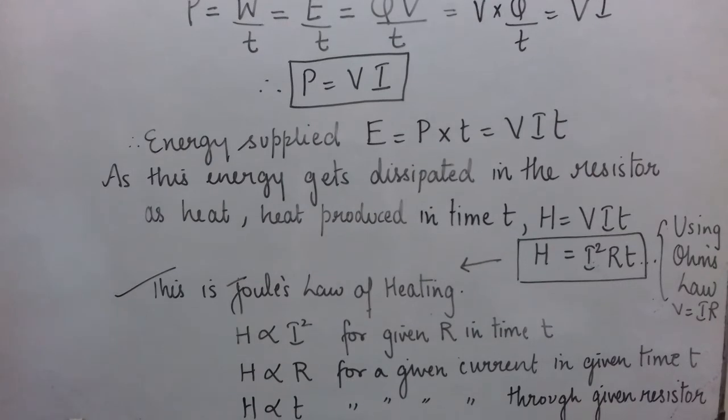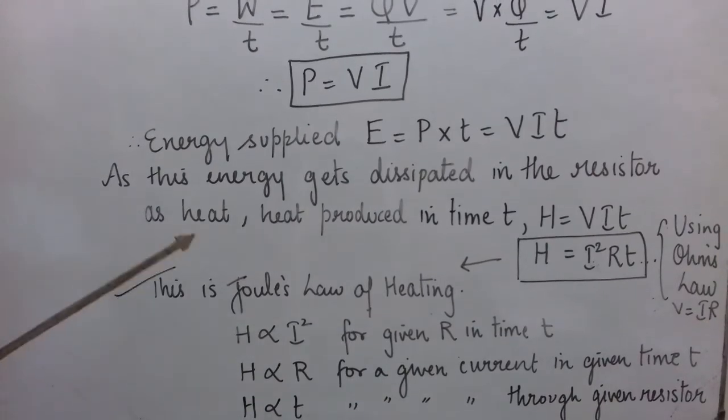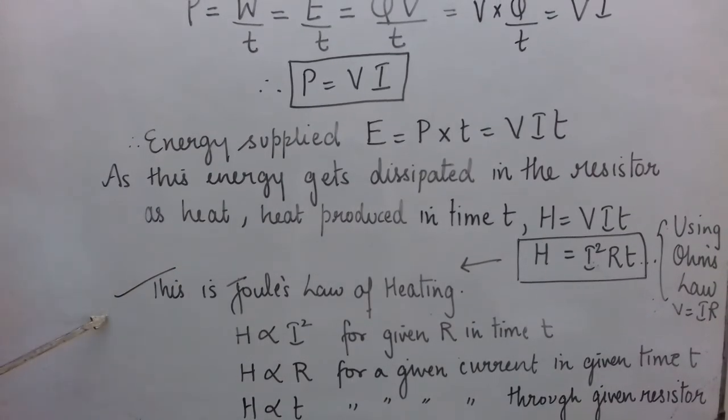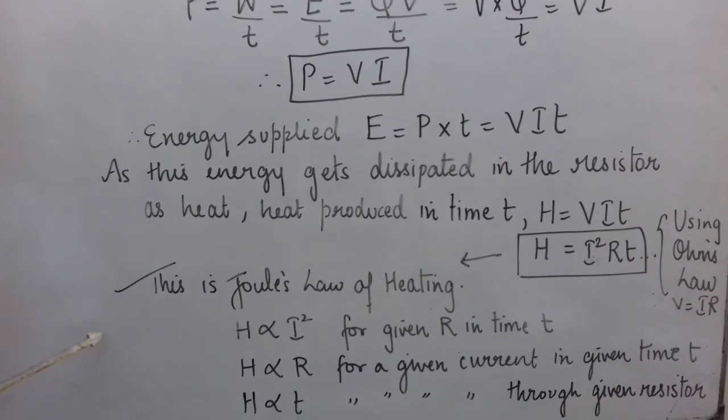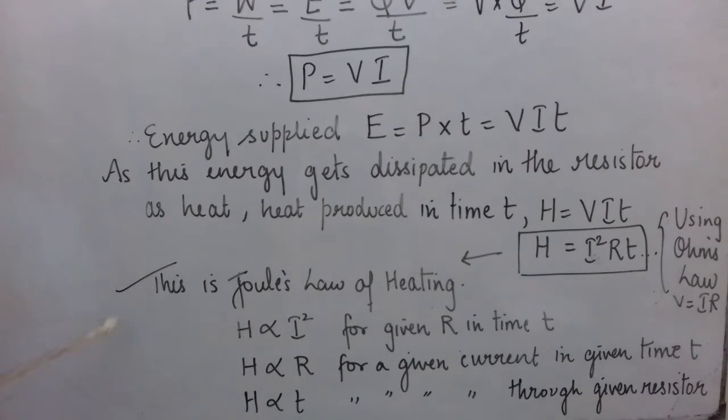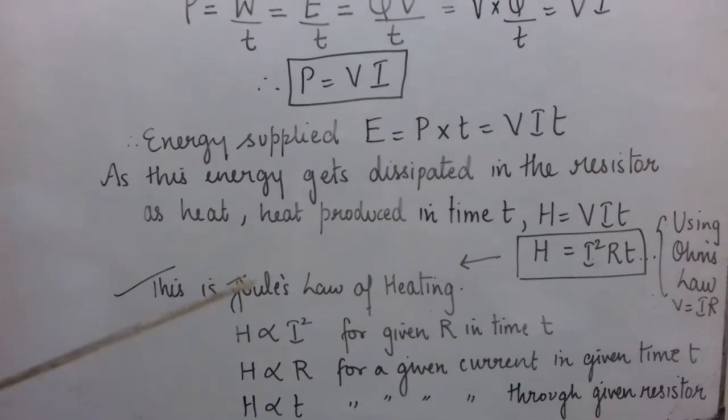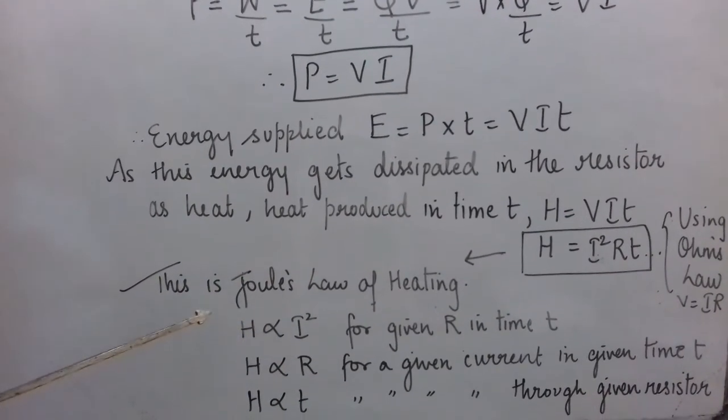You can write the statement as, just listen to me carefully: the heat produced in a resistor in time t, or in a given time t, is directly proportional to the square of the current flowing through it.